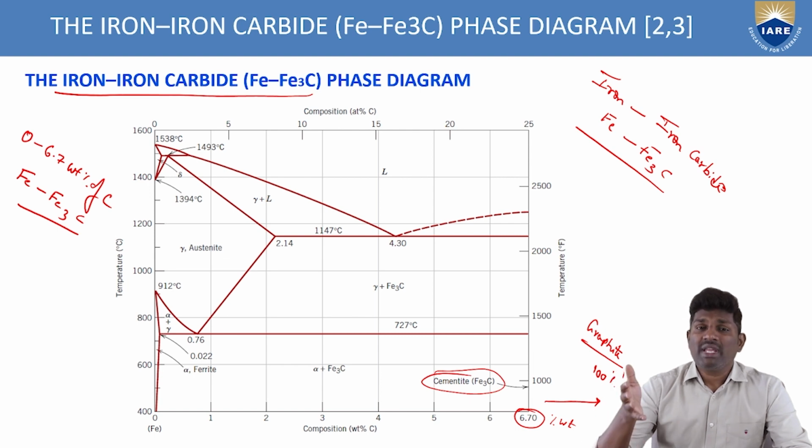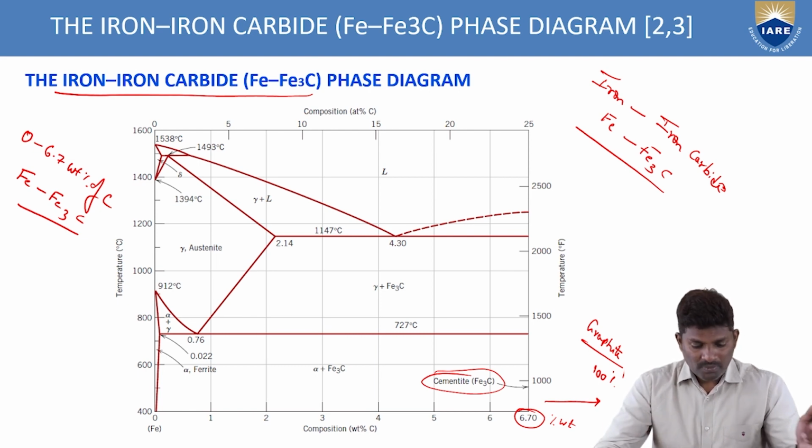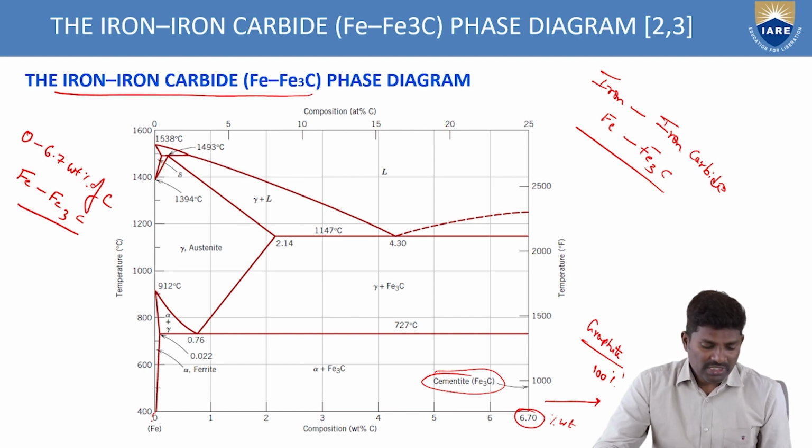We get all this information with the help of these phase diagrams only. That's why these phase diagrams are very important, and on the basis of the Gibbs phase rule, we try to draw them. Now this is how you have to draw the phase diagram for the iron carbide diagram from 0 to 6.7 weight percentage. This is very important while drawing the iron carbide diagram with the help of these compositions.